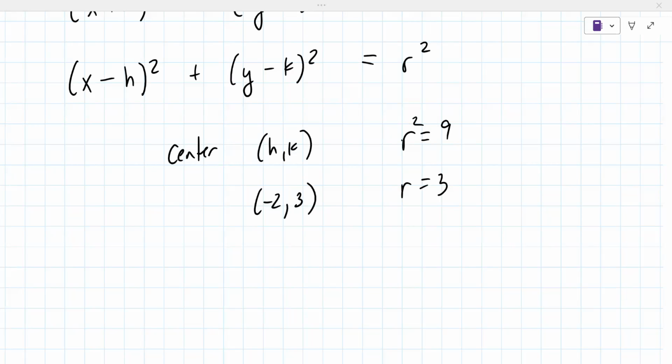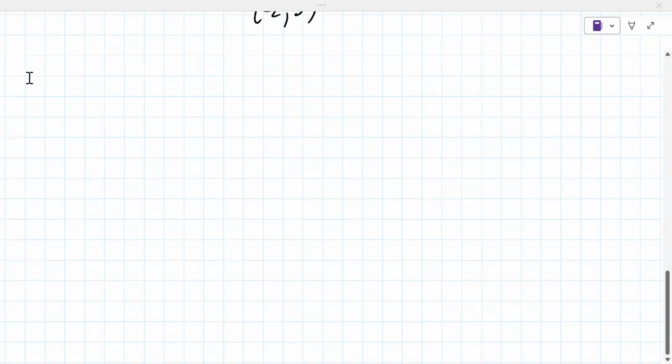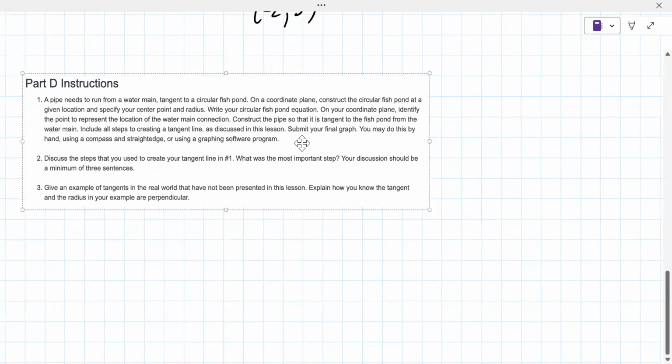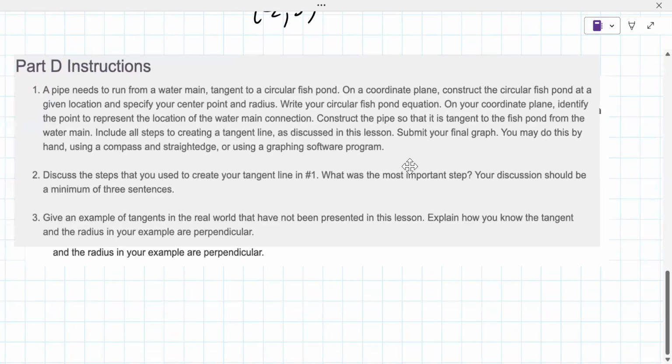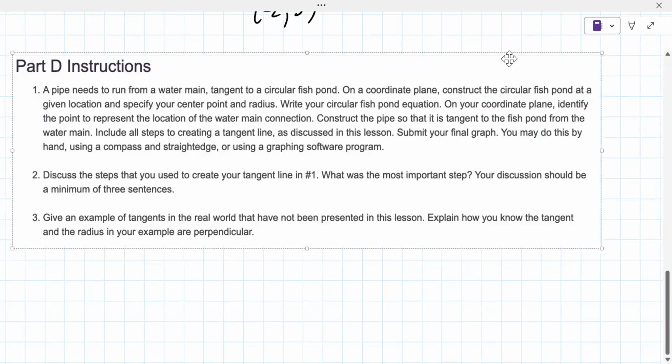There's the question that I'm talking about. The part that I want to check is number 2 and 3.